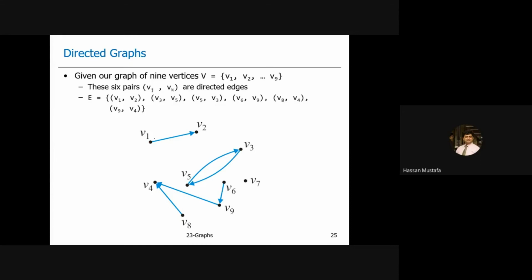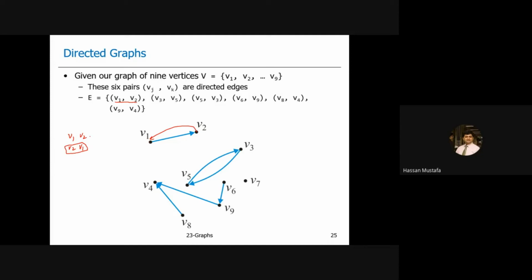To represent such relationships, we can add the direction to the edge as well. In this scenario, the tuple v1 v2 is now ordered. I cannot replace this v1 v2 tuple with v2 v1. This v2 v1 actually captures the information that there is another edge that goes from V2 to V1.